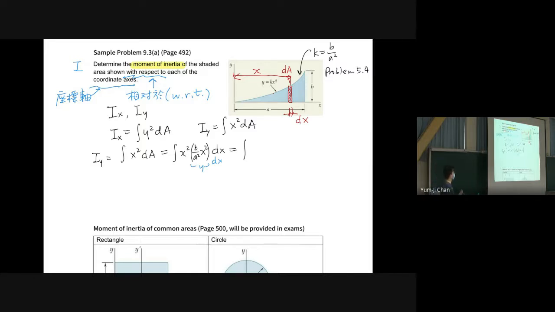And for this one, because we are not integrating from minus infinity to plus infinity, we should have something.